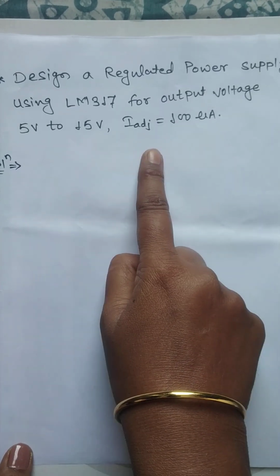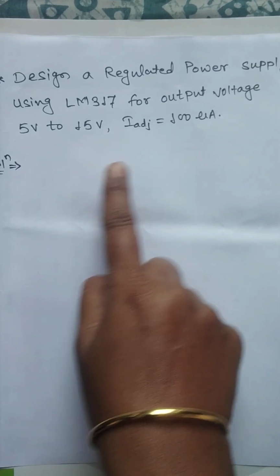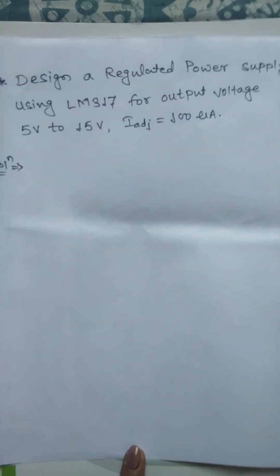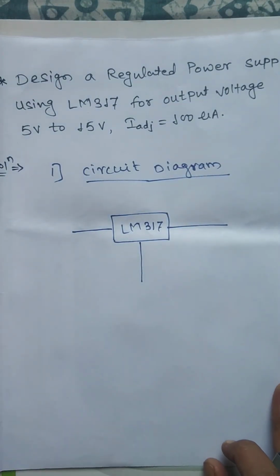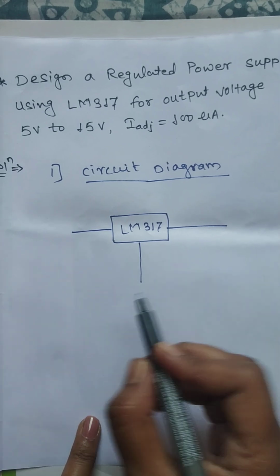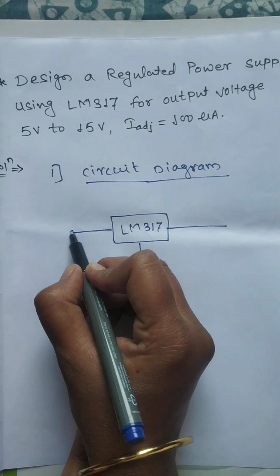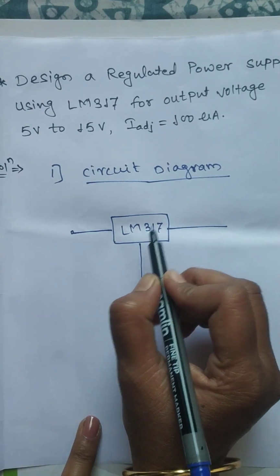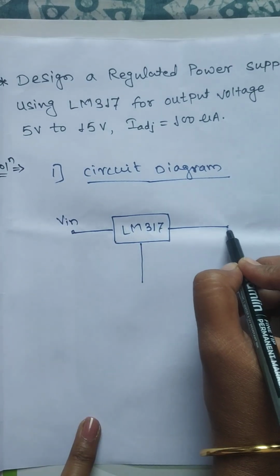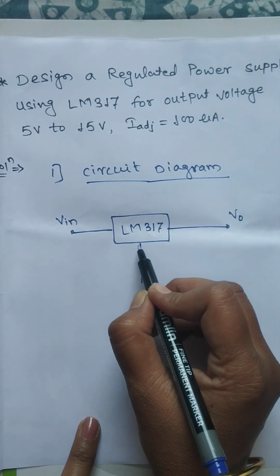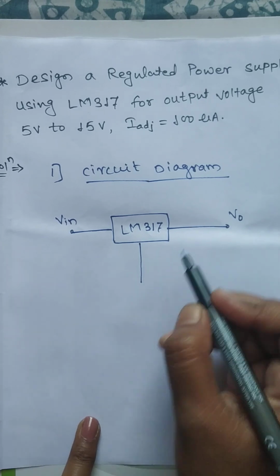Now, for any example or problem to solve, the first step is you have to draw the circuit diagram. This LM317 IC has 3 terminals. One is input voltage, another one is output voltage, and the third terminal is the adjustable terminal.